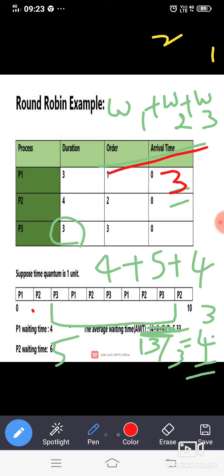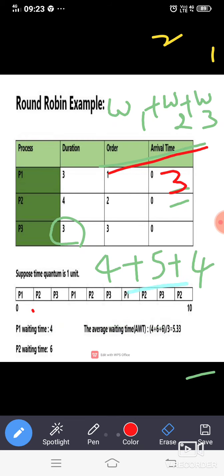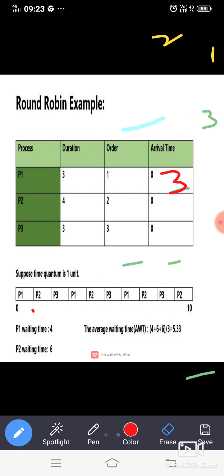If the average waiting time is less, the scheduling algorithm is more powerful and efficient. If the average waiting time is more, it is less efficient. You should always try to see that the average waiting time is decreasing. Okay, so this is about round robin scheduling. Here we have a problem.